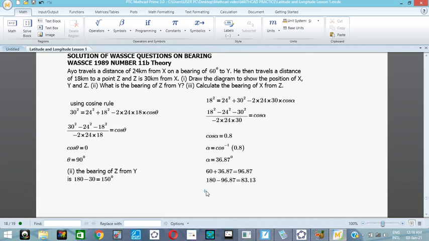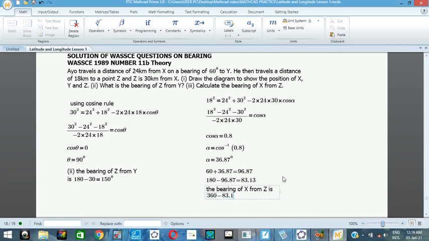And to conclude the work now, I just need to say, therefore the bearing of X from Z is 360 degrees minus 83.13, and that is going to be what?